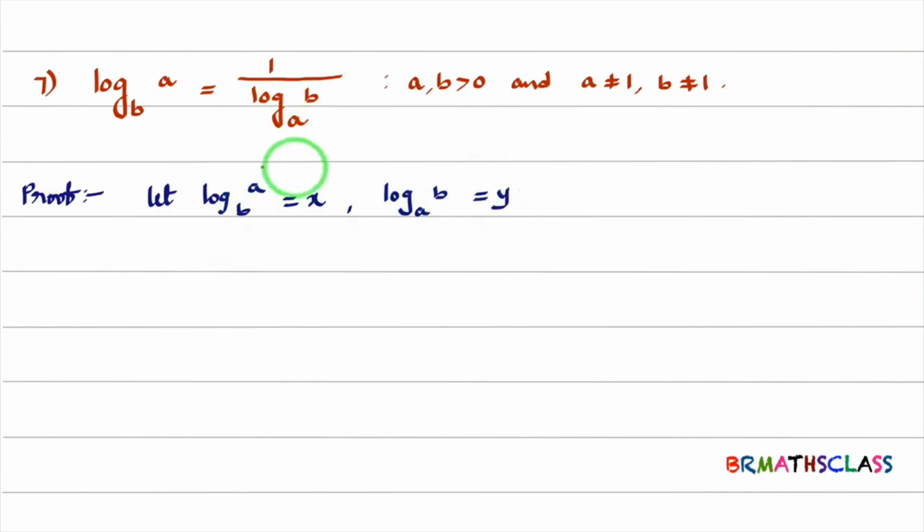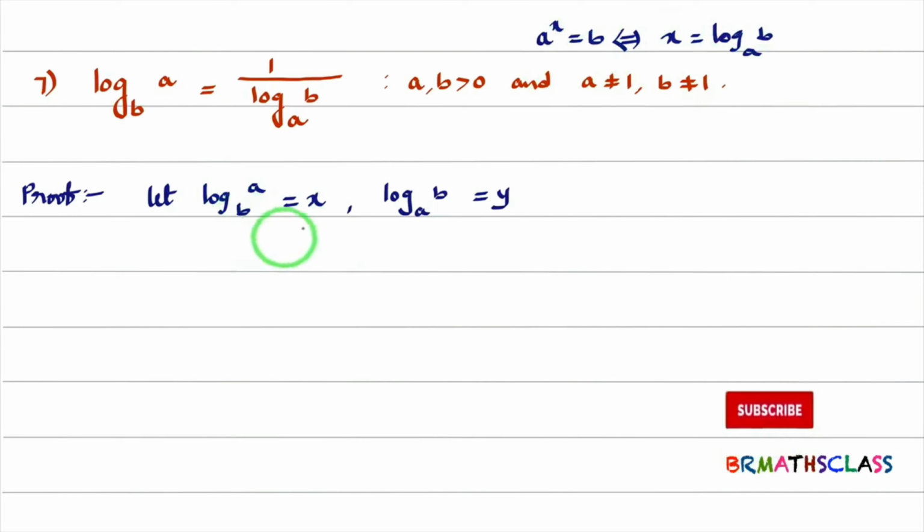Now exponent form. As we know from the definition of logarithm, whenever you see a power x equal to b, you can write that x equal to log b base a. At the same time, whenever you see x equal to log b base a, you can write a power x equal to b.